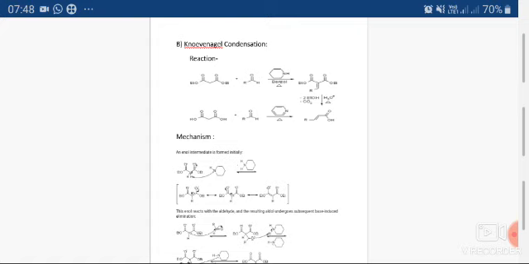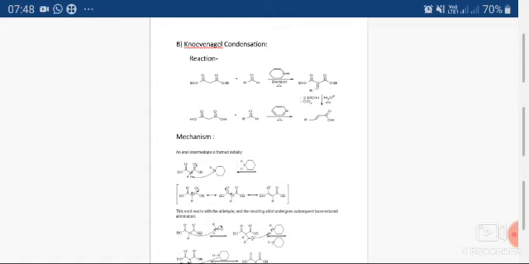This enolate exists as keto-enol tautomer, and so there is keto-enol tautomerism. And this compound is slightly stable due to delocalization of this enolate.